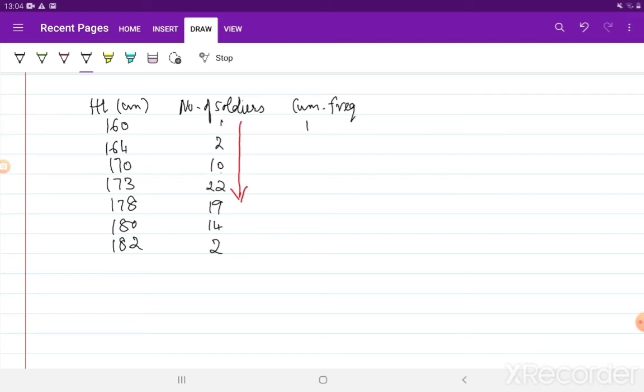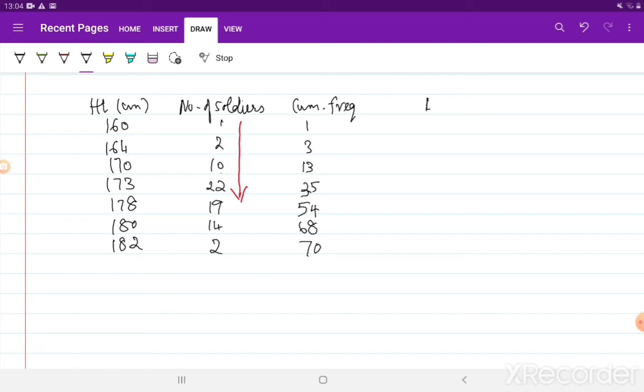So 1, 3, 13, 25, 35, 54, 68, and 70. This is the cumulative frequency table.